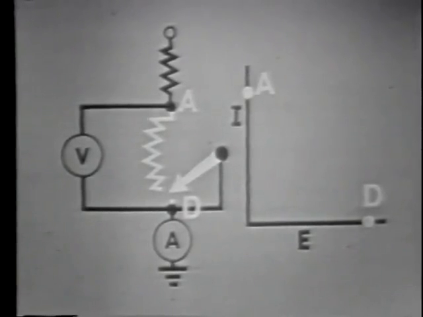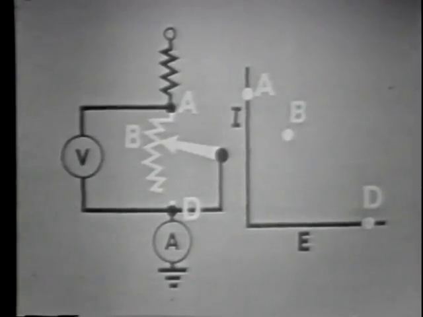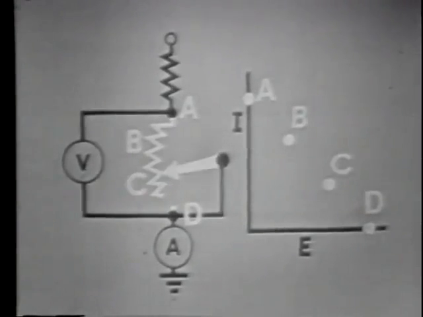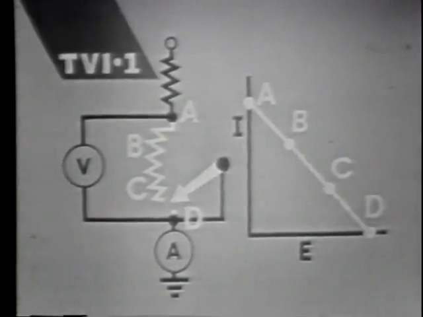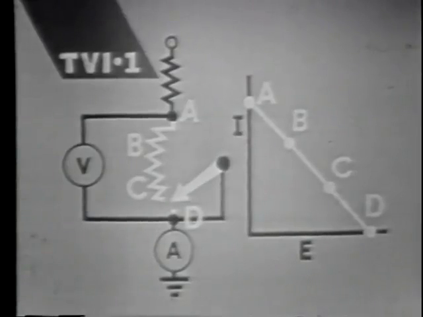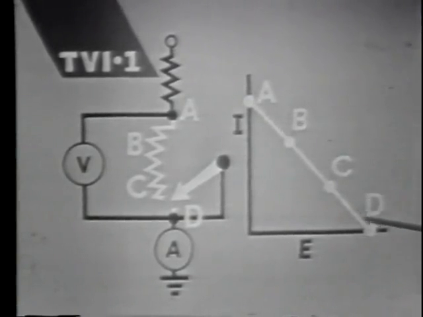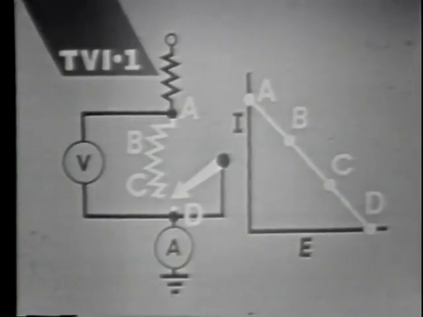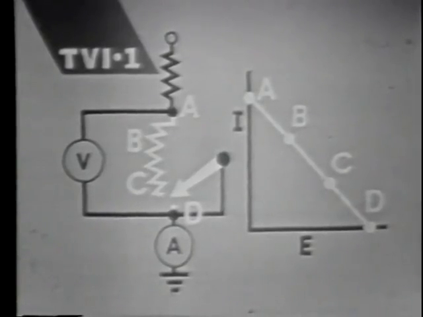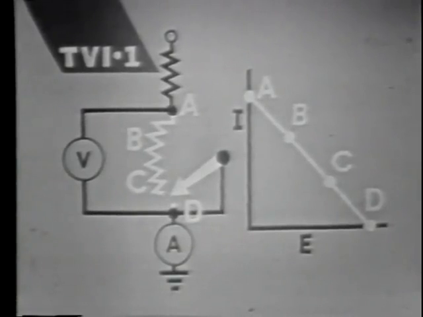If the arm is moved from position A to position B to position C to position D in steps, a series of points would be generated that would be on a straight line between positions A and D. Using a simple resistive circuit as an example, we can describe a basic load line.